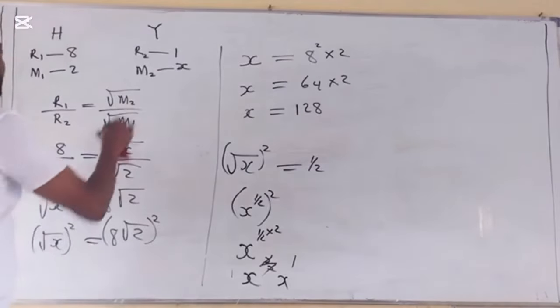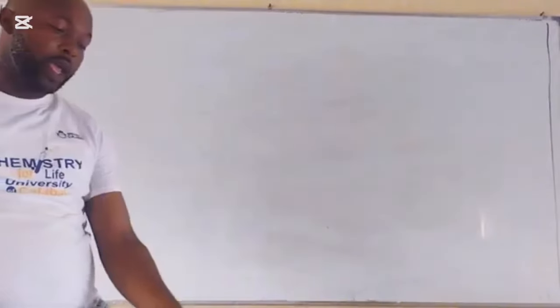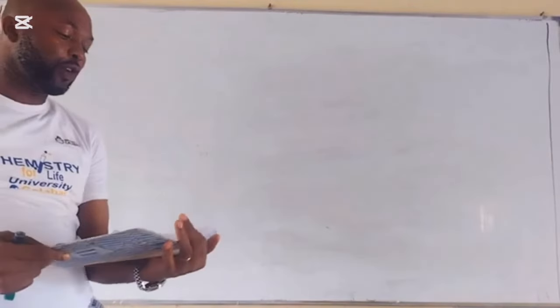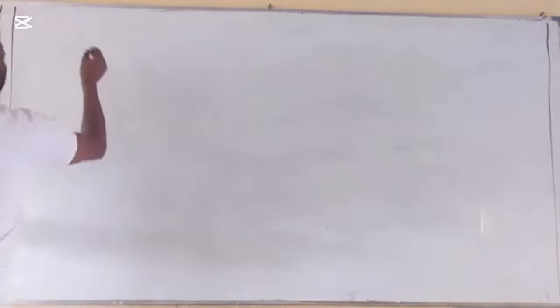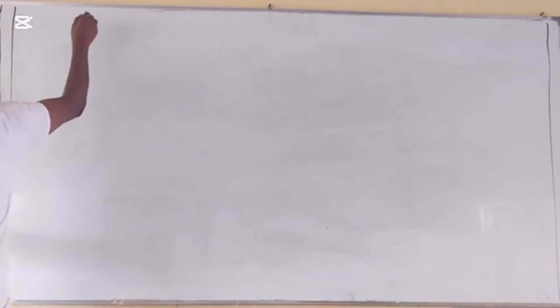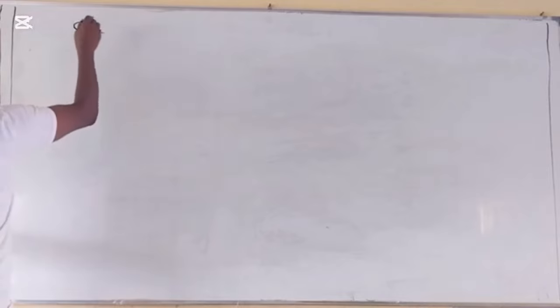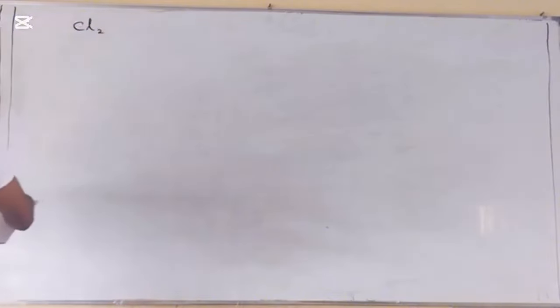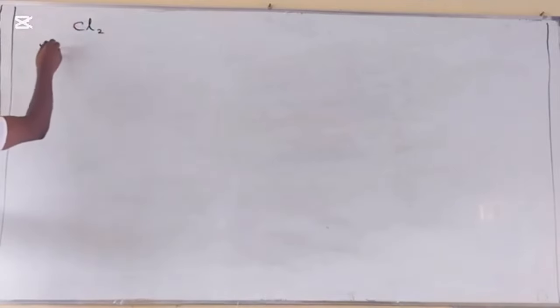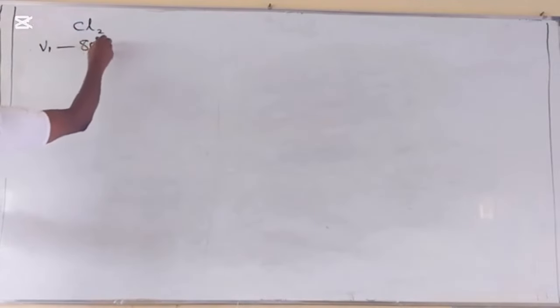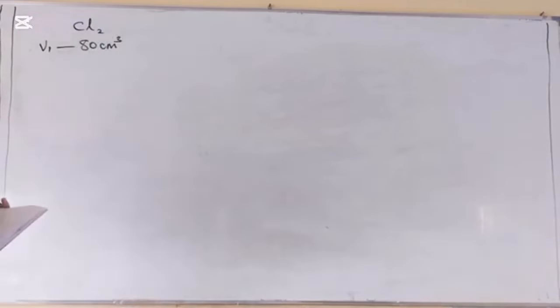Question 3. 80 cm cube of chlorine gas. Chlorine gas is often Cl2. So this is my first gas, and its V1 is 80 cm cube. It diffuses through a porous pot in 60 seconds, T1.